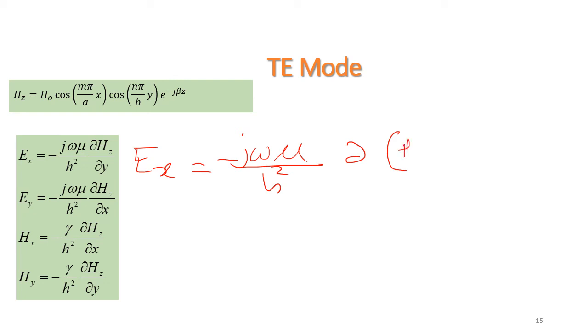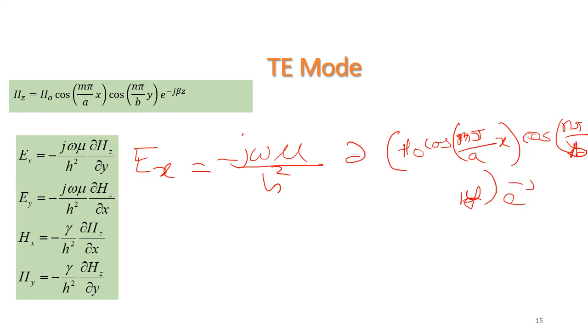Hz is H0 cos of m pi by a into x into cos of n pi by b into y into e raised to minus j beta z.